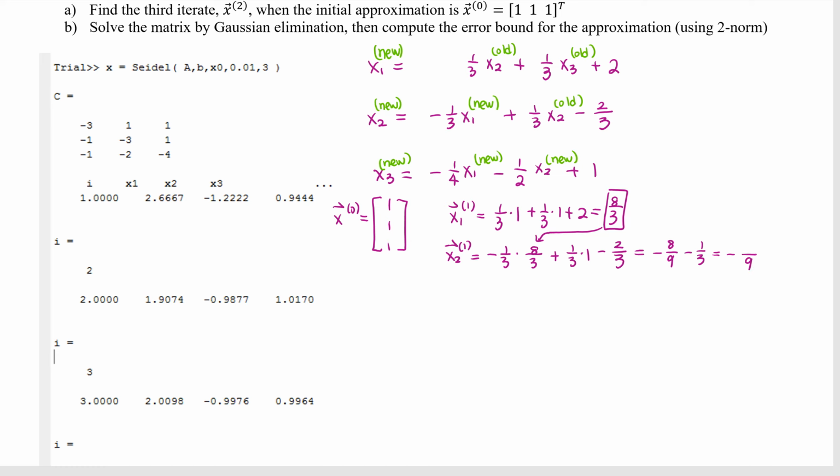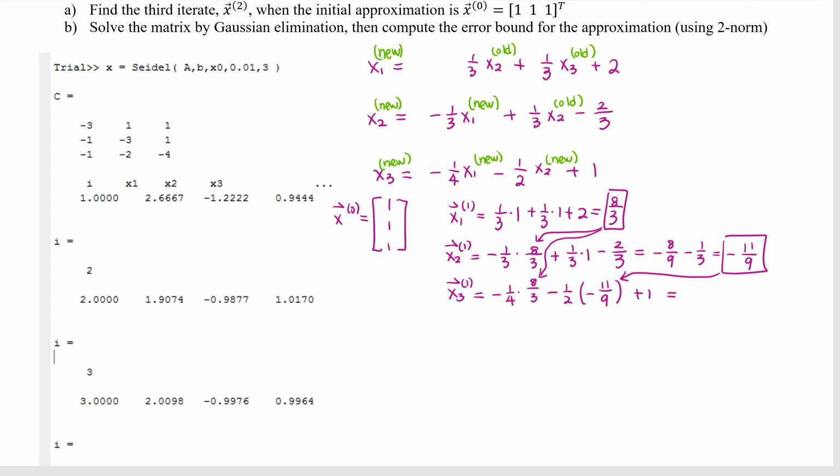Minus 8/9 plus 3/9 gives minus 11/9. So far so good. For the x3 coordinate: minus 1/4 times x1 new, which is 8/3, minus 1/2 times x2 new, which is negative 11/9, and then plus 1.